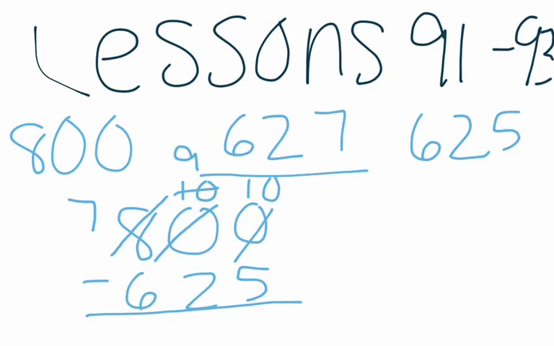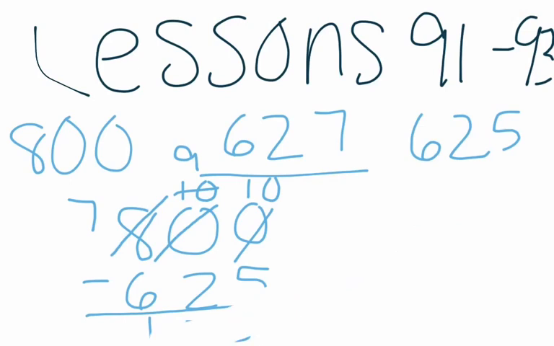So 10 minus 5 equals 5. 9 minus 2 equals 7. And 7 minus 6 equals 1. His estimated answer is 175 puzzle pieces. I know that was a lot, but I believe in you guys.